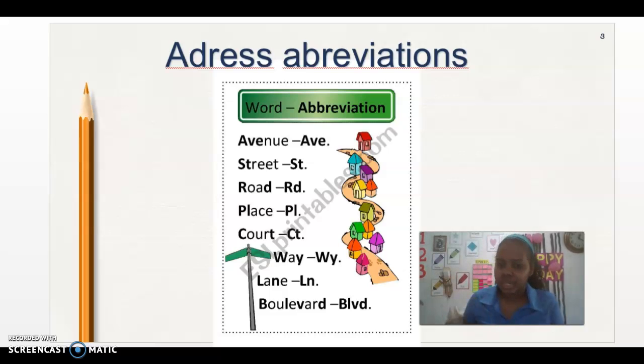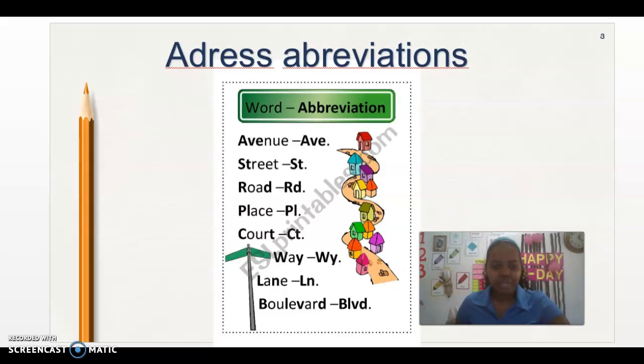Why do we need abbreviations? To make a word short. For example, avenue, AVE. That's the abbreviation. Street, ST. Road, RD. So those are abbreviations. Please copy the abbreviations in your notebook.